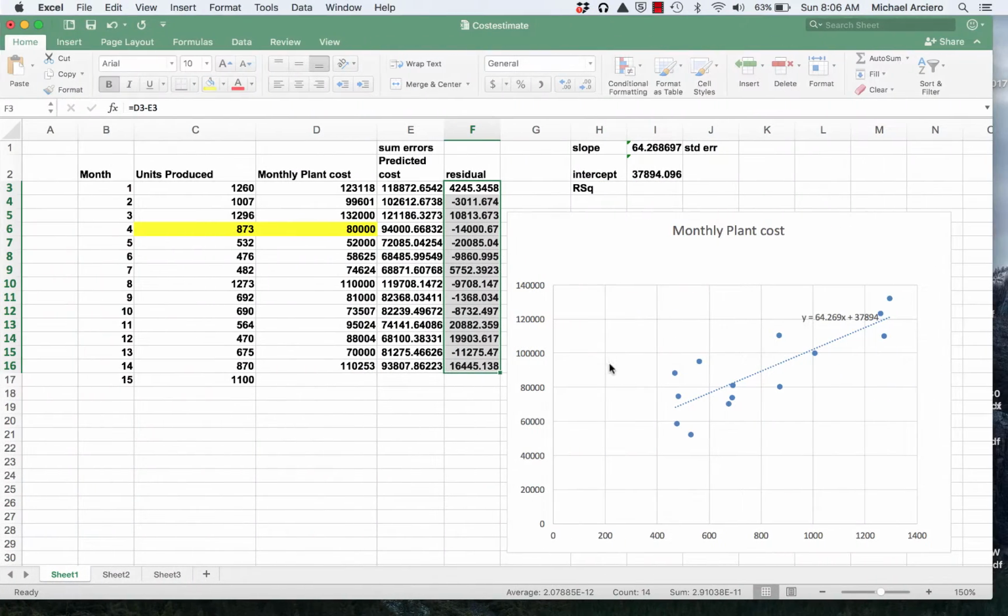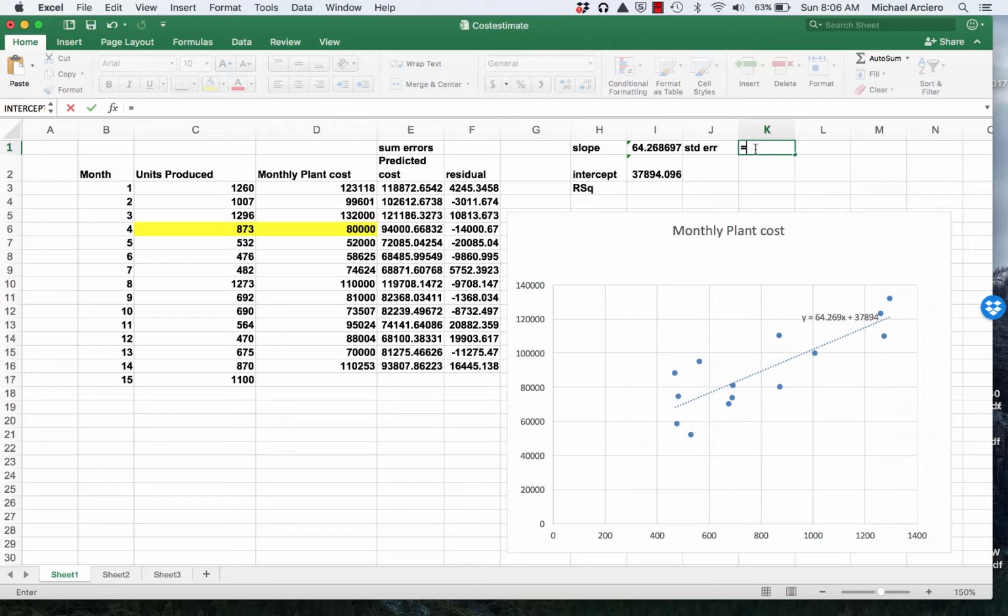So let's find Excel, find the standard error here. So there's a formula for that, and it's STEYX, and again we get the same arguments. So the known y's, and then we want the known x's.